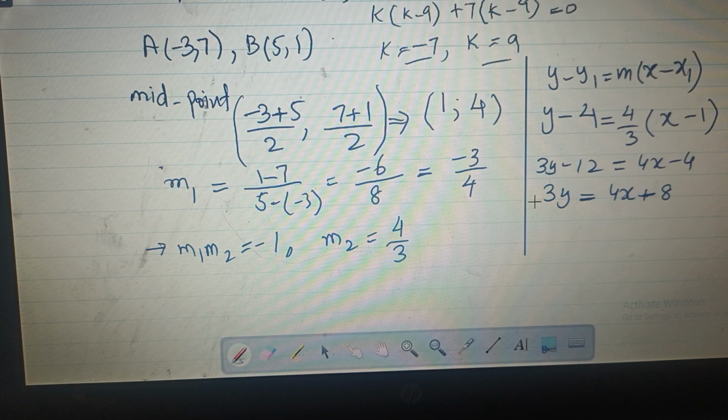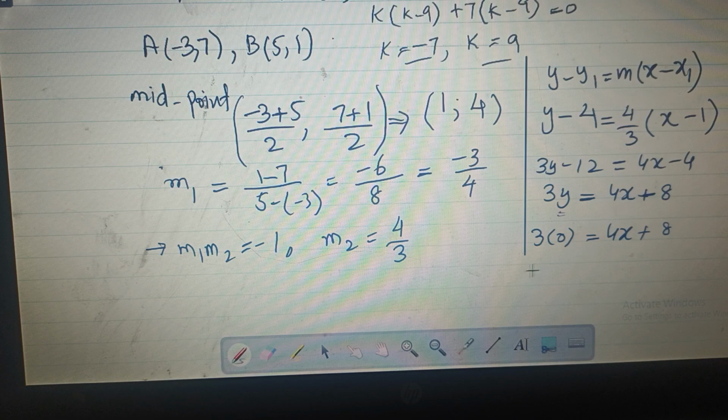Now he was saying that this is the perpendicular bisector equation, but you will have to find the coordinates of D which is on the x-axis. It means y is 0 for that point. So 3 into 0 is equal to 4x plus 8.